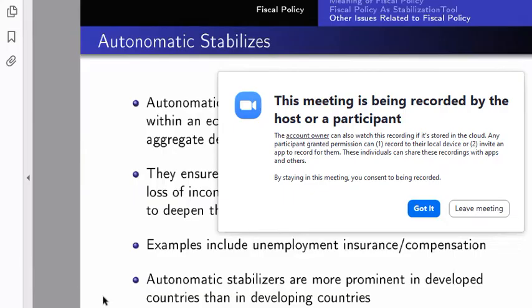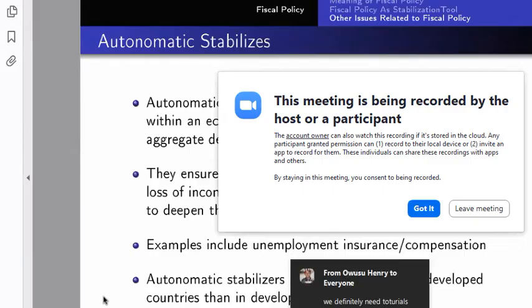They ensure that in periods of recession, when loss of jobs leads to loss of income, consumption expenditure does not fall so much as to deepen the recession. An example of an automatic stabilizer is unemployment benefits, unemployment insurance. The idea is that when the economy is in recession, people don't lose too much. Consumption expenditure can be sustained.